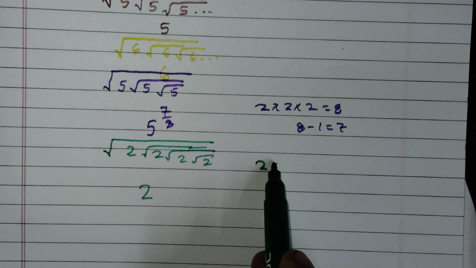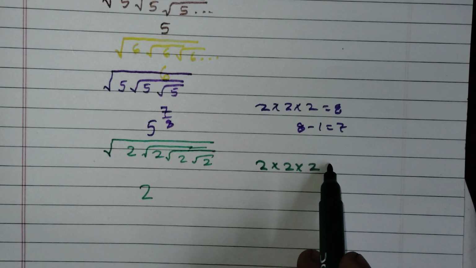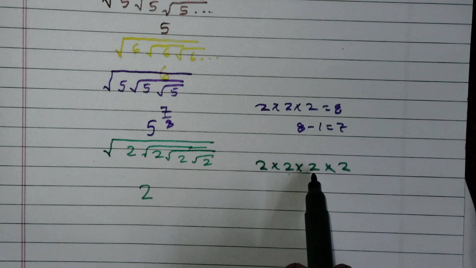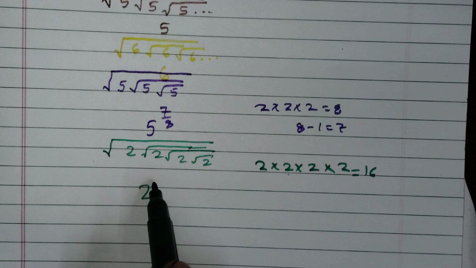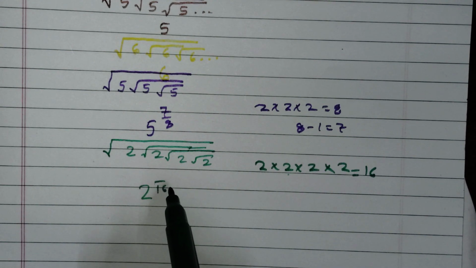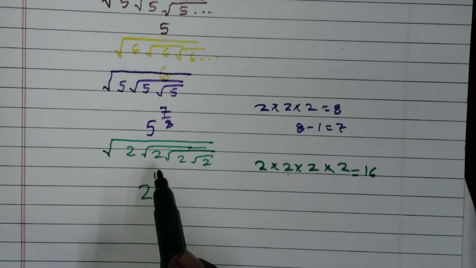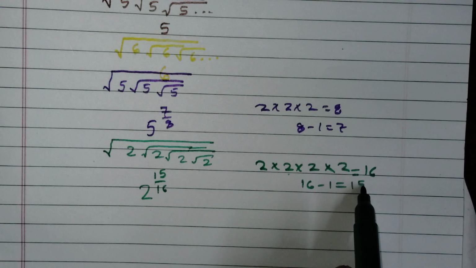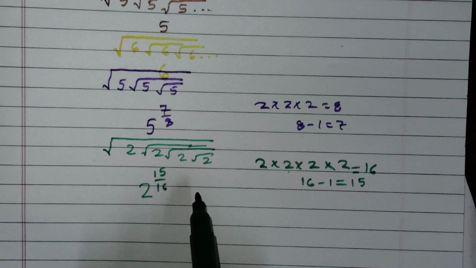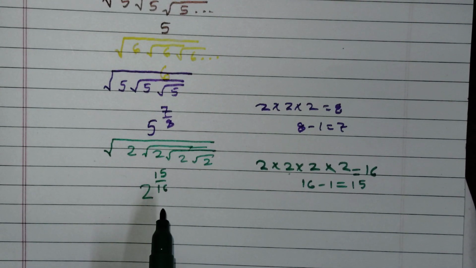It means 4 times we need to multiply 2: 2 to the 4, 4 to the 8, 8 to the 16. So 16 is the power of 2's. We write 16 in the denominator. In the numerator we write 1 less than 16, that means 15. So 2 power 15 upon 16 is the answer.